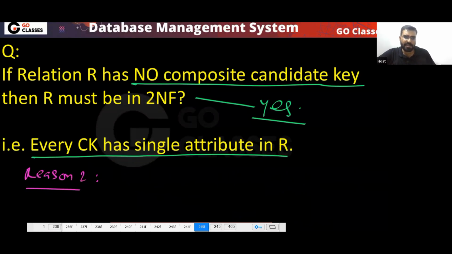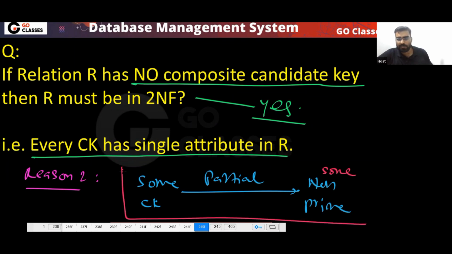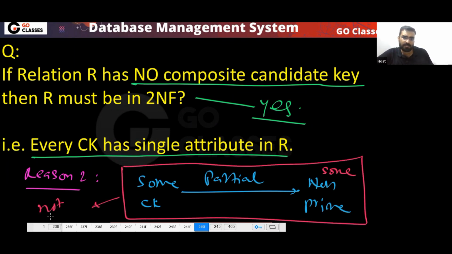Alternative reason: if every candidate key is a single attribute, then you cannot have this partial dependency. Not possible. So this is the idea.